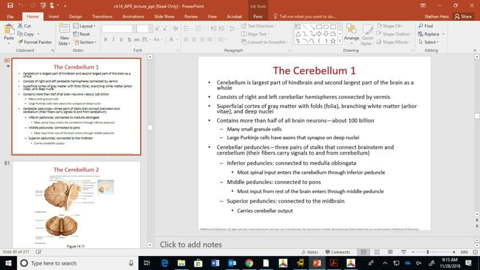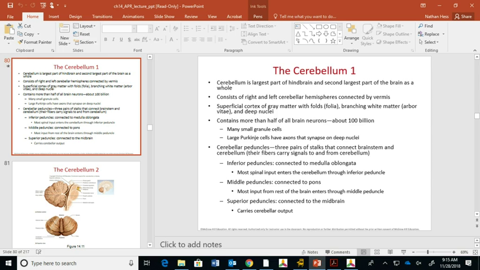All right, let's move into the cerebellum. We're moving down, still in the midbrain here. So my hindbrain was my medulla and my pons. My midbrain is my midbrain, and the cerebellum. The cerebellum is the largest part of that brain stem area, and the second largest part in the whole brain.